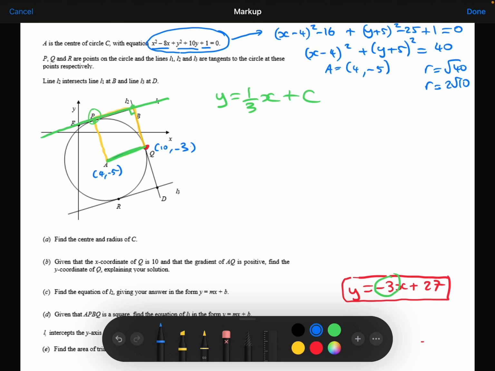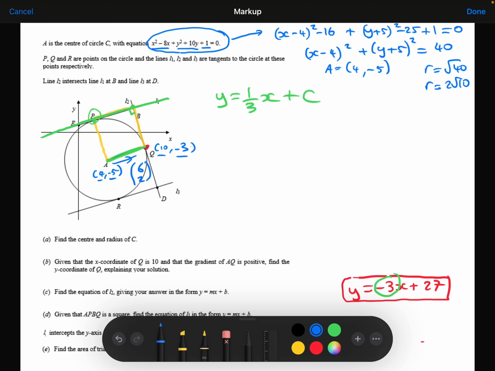I can do that because if I work out the vector from A to Q, from there I've gone across 6 squares from the 4 to the 10, and I've gone up 2 squares from the -5 to the -3. So this is the vector 6, 2.